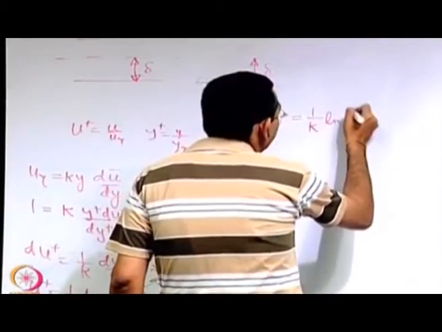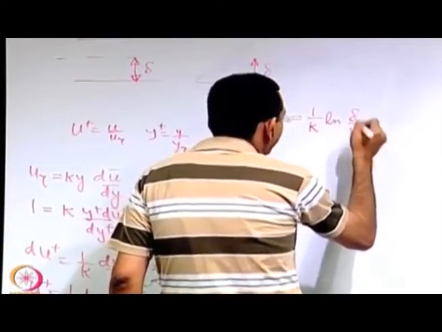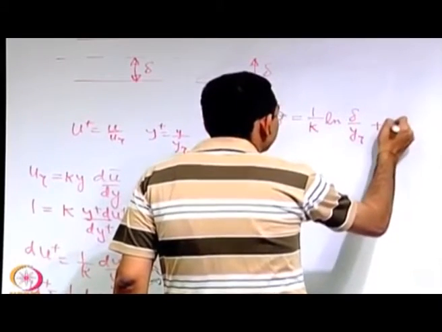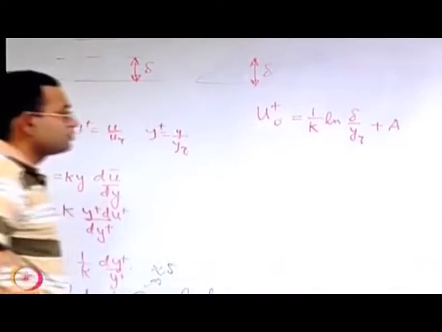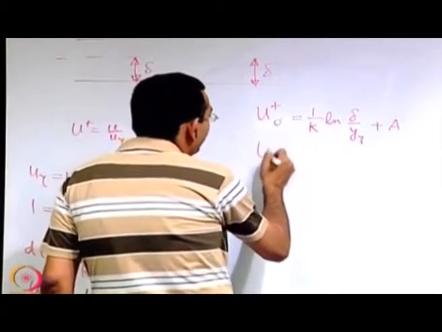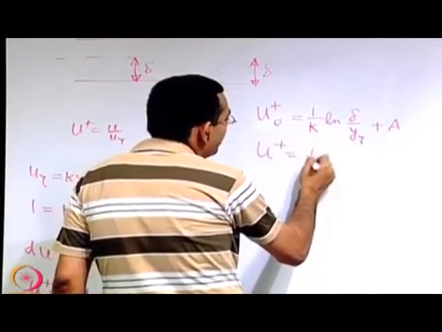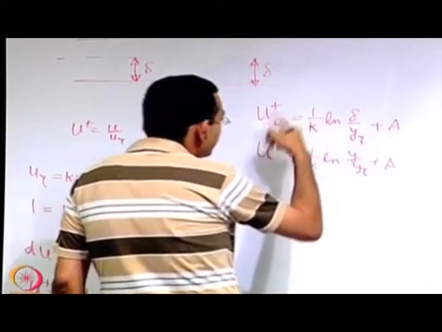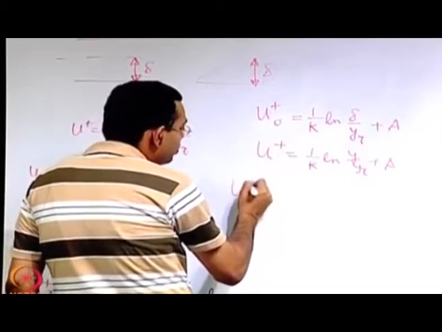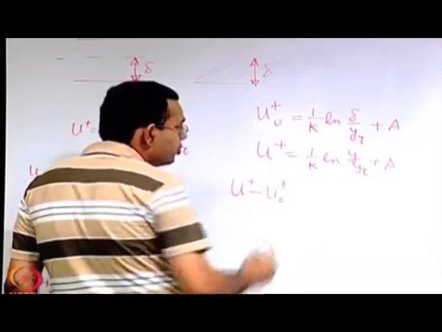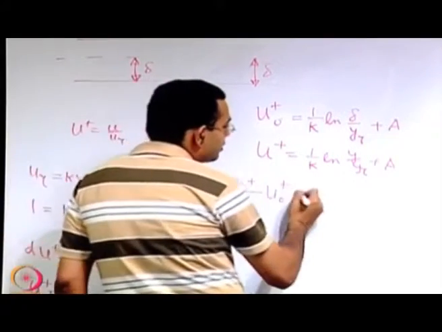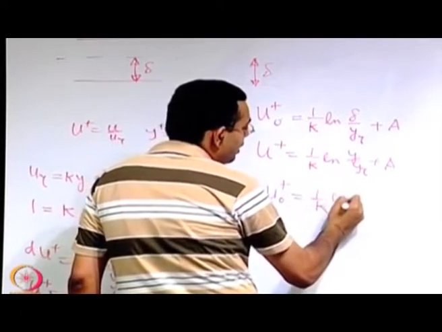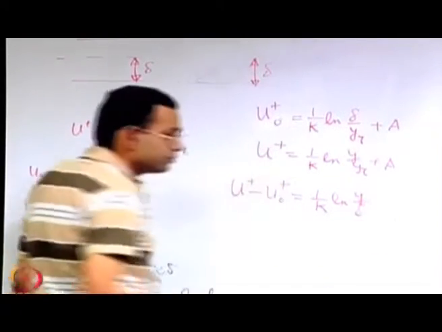So, y is equal to delta here, so delta by y tau plus a, and at any other y you have u plus is equal to 1 by k ln y by y tau plus a. So, if you subtract these two, you will get u plus minus u outer plus is equal to 1 by k ln y by delta.